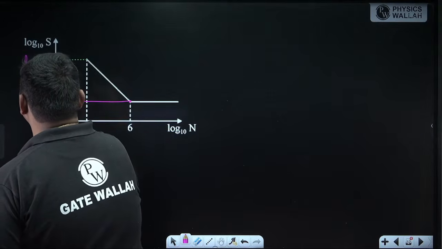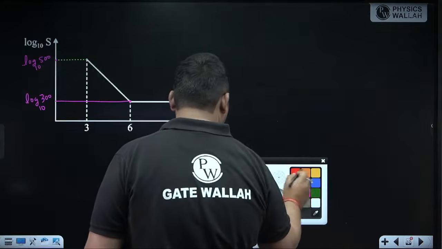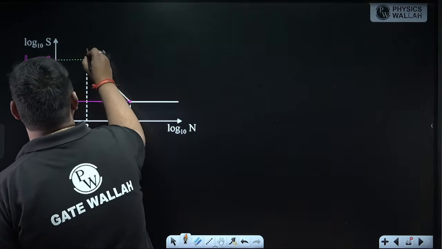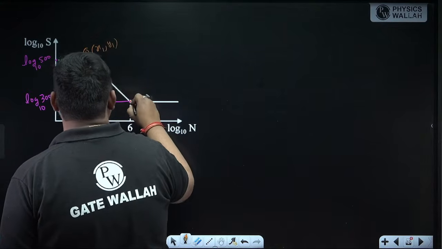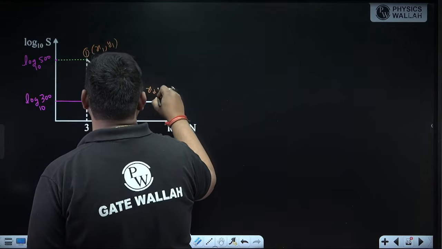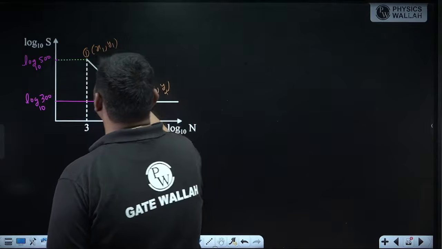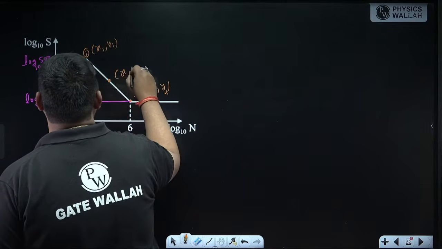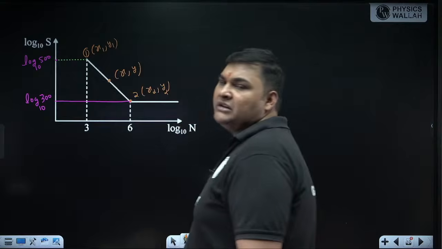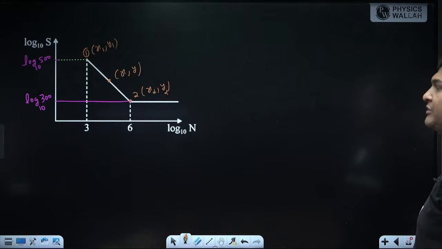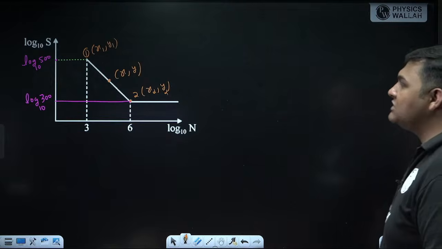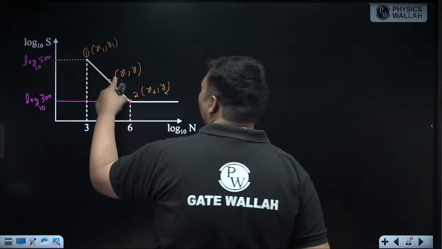of base 10. Okay. Now in this line I know the coordinates of 2 points. Suppose this is point 1 whose x coordinate is x1, y coordinate is y1. This point is point 2 whose x coordinate is x2, y coordinate is y2. So now for this line we can relate any other point of this line. For any other point of this line, the x coordinate is x and the y coordinate is y. So I can find the relation between them by interpolation. How? See, all these 3 points are on the same line.